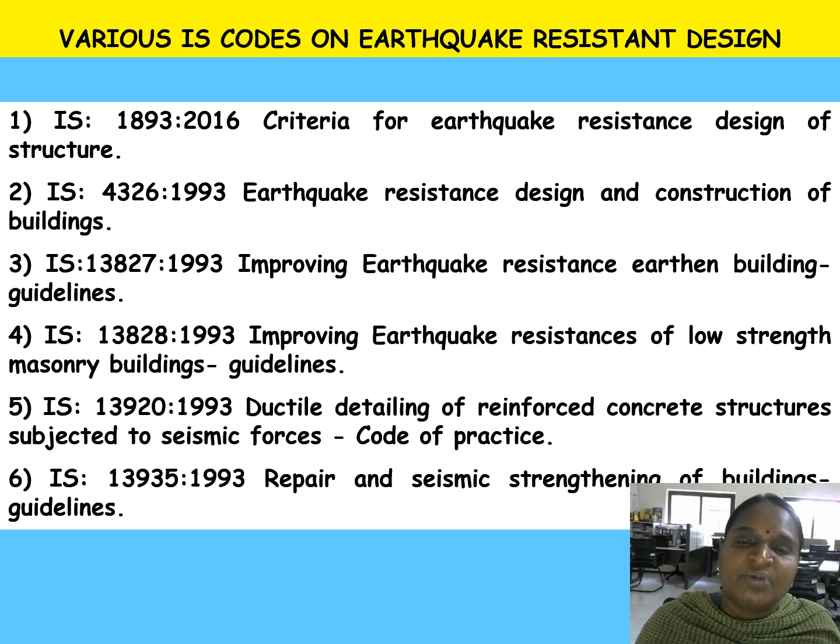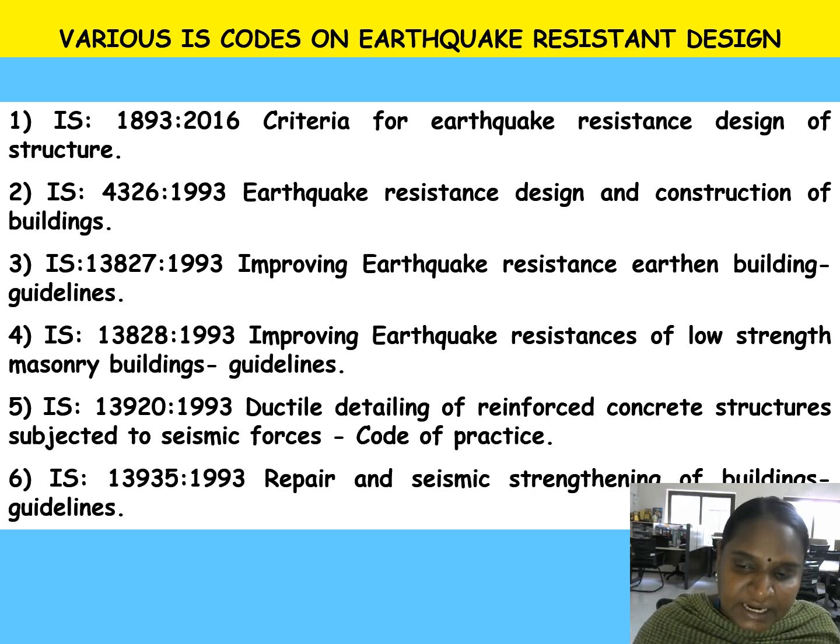So these are some of the various codes for earthquake resistant design. IS 1893 gives the criteria for earthquake resistant design of structures. IS 4326, IS 13827, IS 13828 are for low strength masonry buildings. IS 13920 is used along with IS 456.